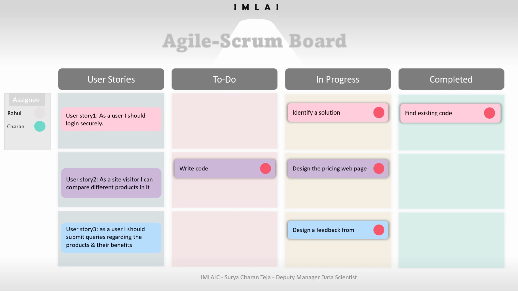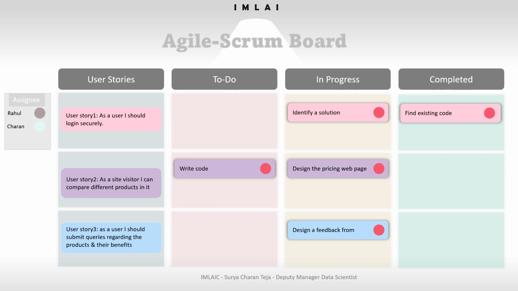So that's how an assignee, an individual, can be assigned different tasks from different user stories, and they will belong to different sprints. Then we have Charan.